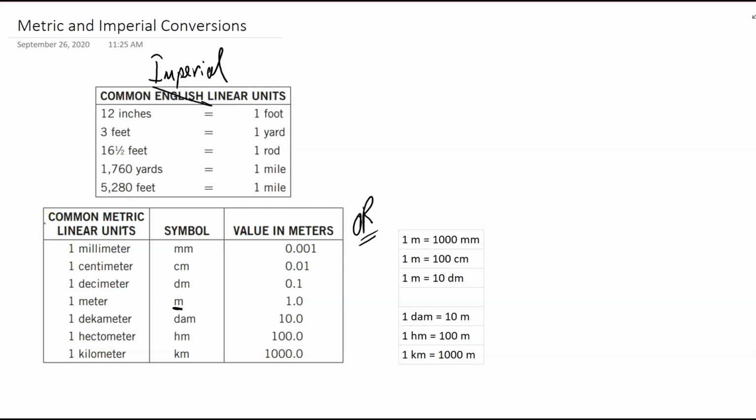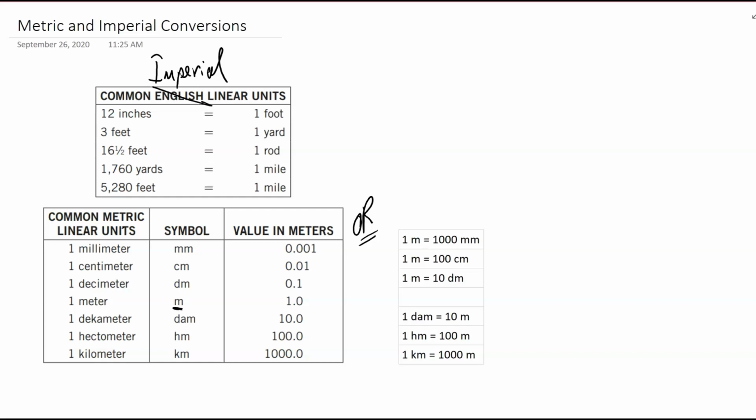So I have written some important conversions here. If you want to make a note of those, then I would suggest stop the video and write these down. So in order to get an idea of the size of a lot of these different units, it's a good idea to have something that you can think of that measures approximately that length.